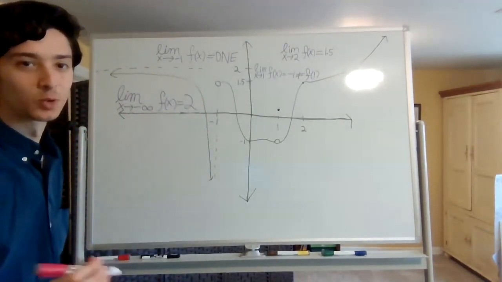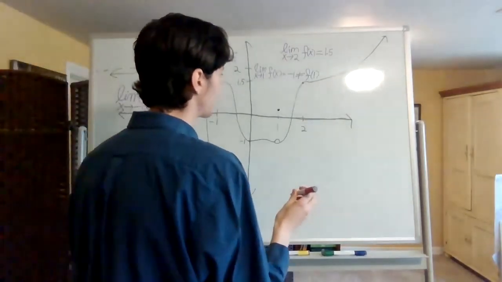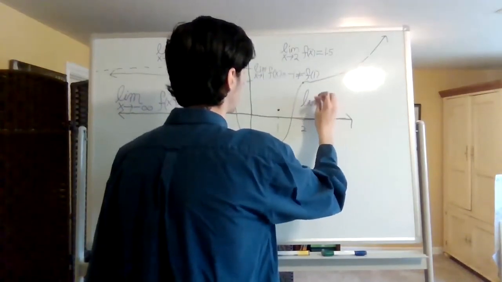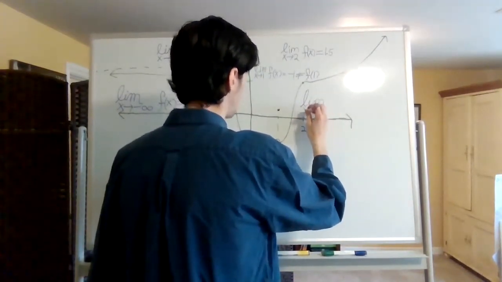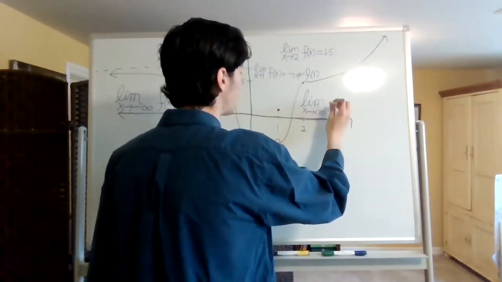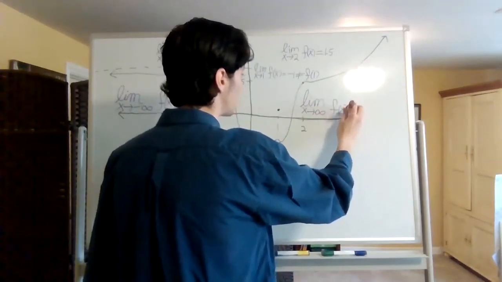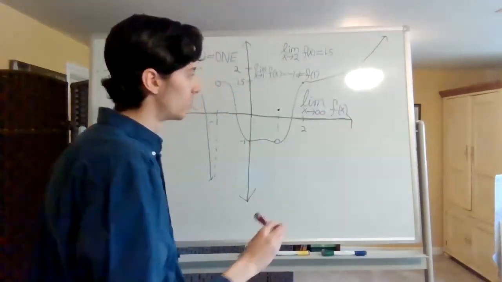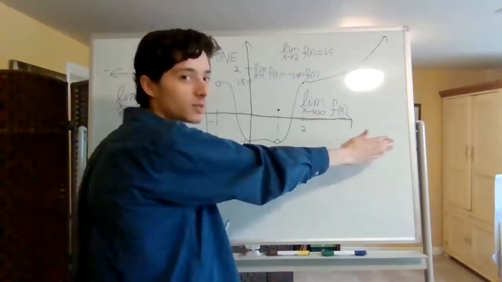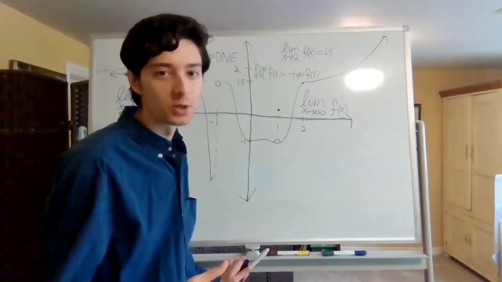And now there's one more limit we are going to go over. This is the limit as x approaches infinity of f of x. So we look at the largest possible values of x, go to the rightmost on the x-axis, and we see what happens to our function.